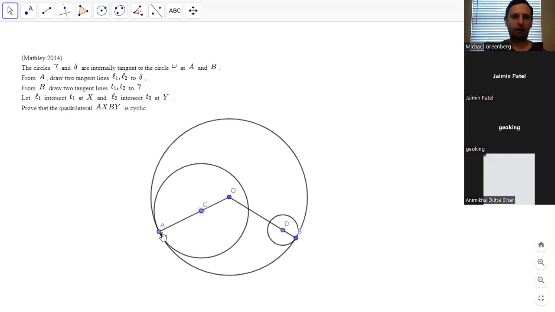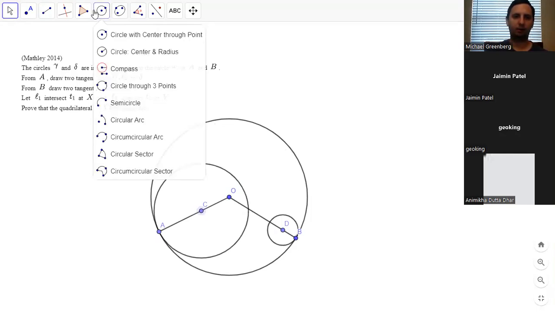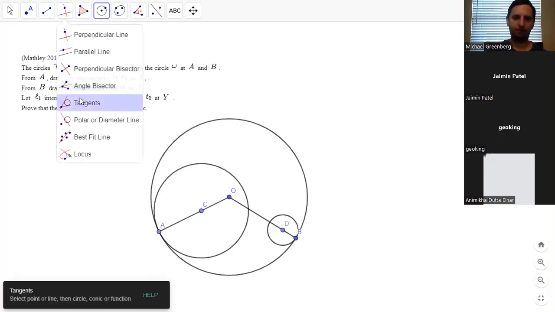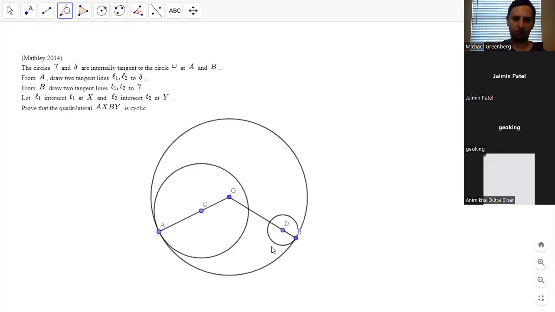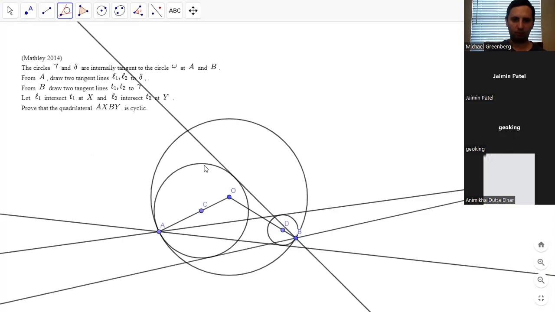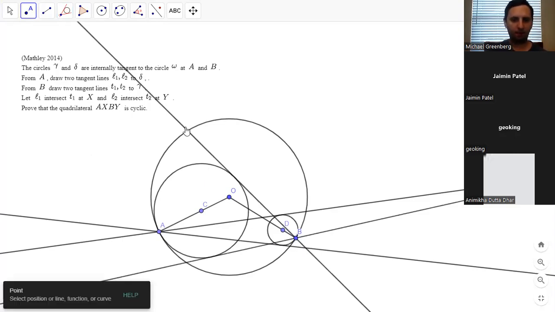And then we want to draw the tangents from A to that circle and the tangents from B to that circle. And we want to show that it makes a cyclic quadrilateral. Okay. So basically it's saying, actually, we want to see where those tangent lines intersect.